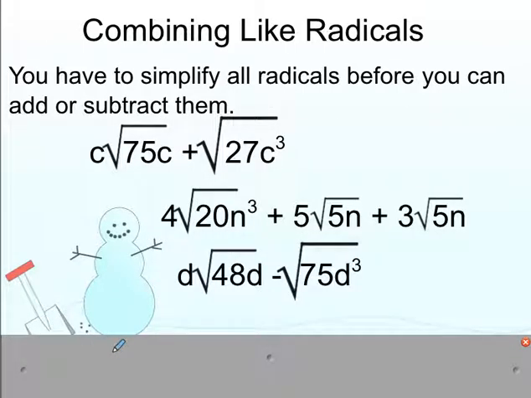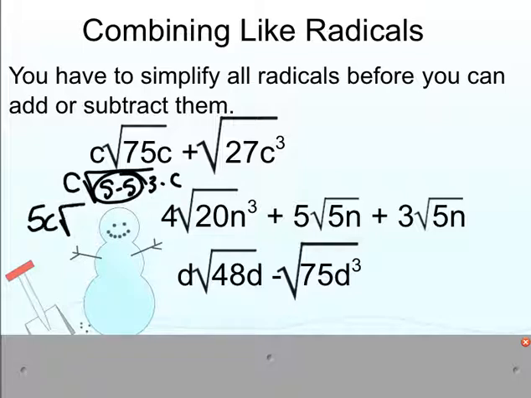c root 75c plus the square root of 27c cubed. So for the first one, we can take out, well, it's c root 5 times 3 times c. So we have those 5s that we can come out, and that means that we have 5c root 3c for the first term.